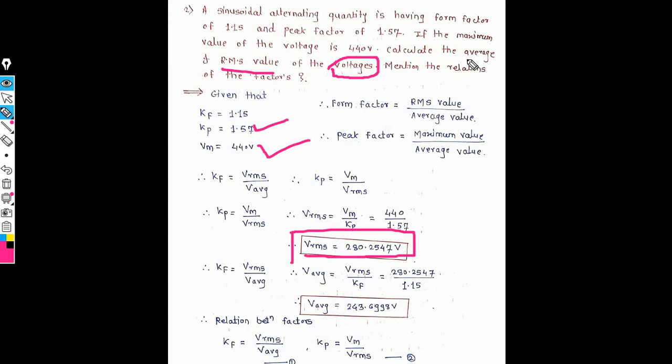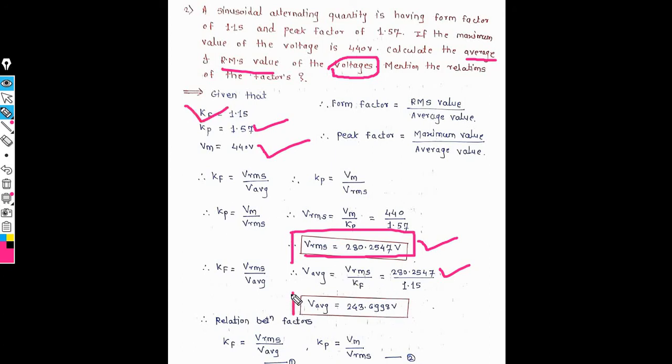Then we have to calculate the average value. Kf is equal to Vrms upon V average. Rearranging the equation for V average, V average is equal to Vrms upon Kf. Put the Vrms value here. Then Kf is given, that is 1.15.